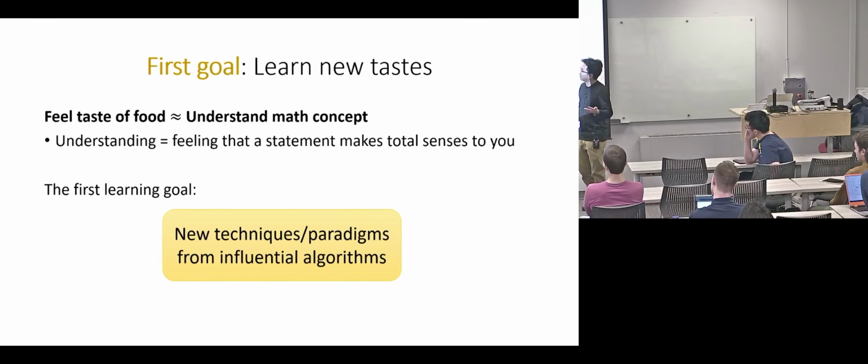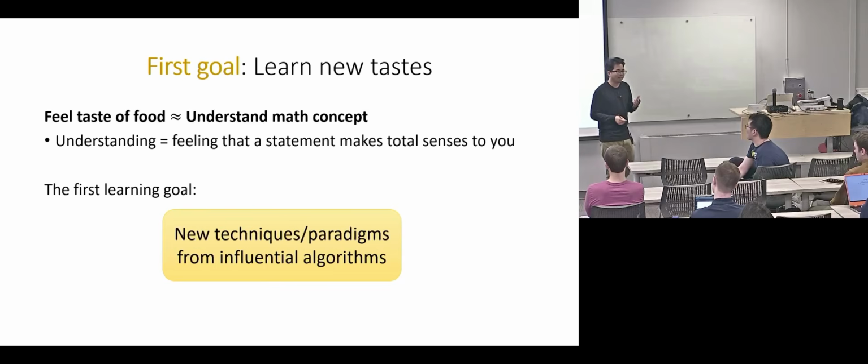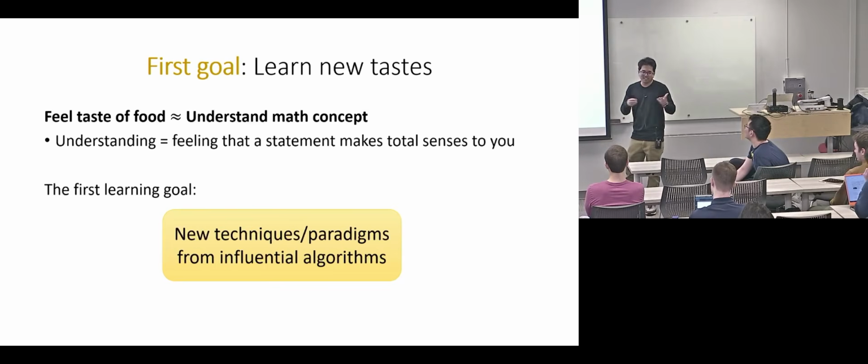To feel the taste of the food is basically similar to understanding a new math concept. To understand is to feel that a statement just makes total sense to you. That's what it means to understand, intuitively making sense to you.